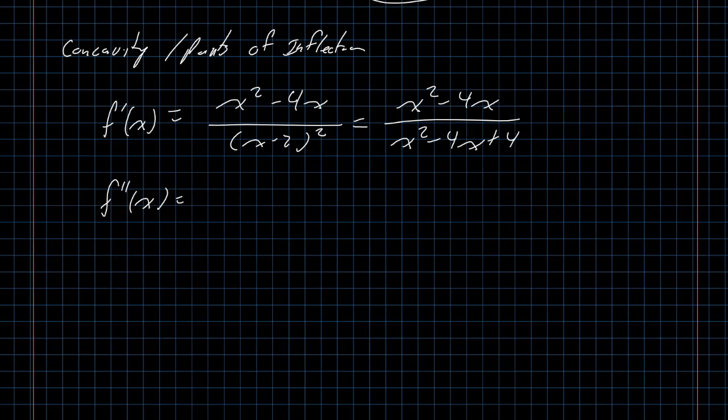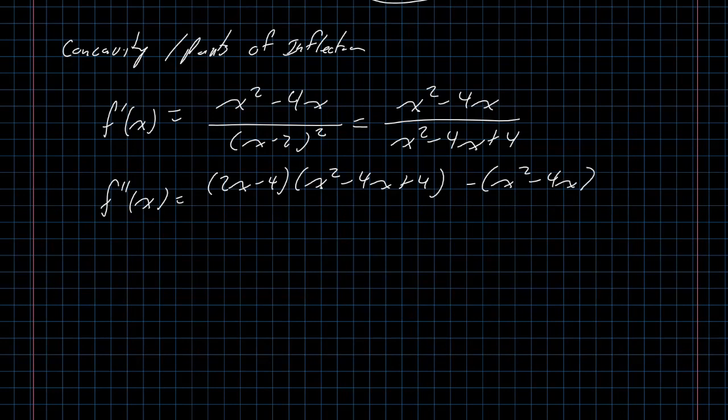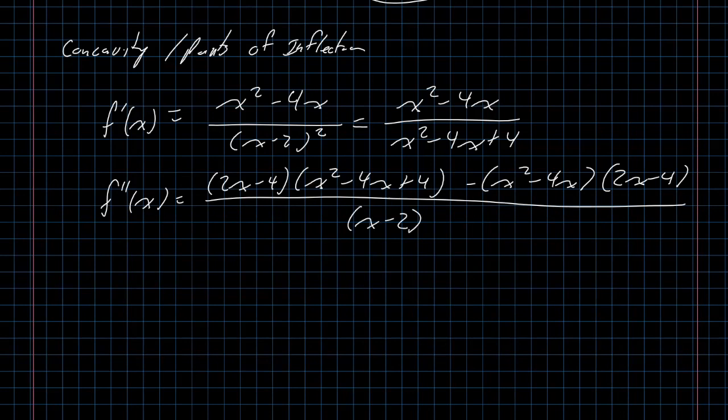So that when I take the derivative of the numerator, that's 2x minus 4, times the denominator, that's x squared minus 4x plus 4, minus the numerator, x squared minus 4x, times the derivative of the denominator, which is going to be 2x minus 4. And that whole thing is going to be over the denominator squared, x minus 2 squared, squared, which is x minus 2 to the 4th power.